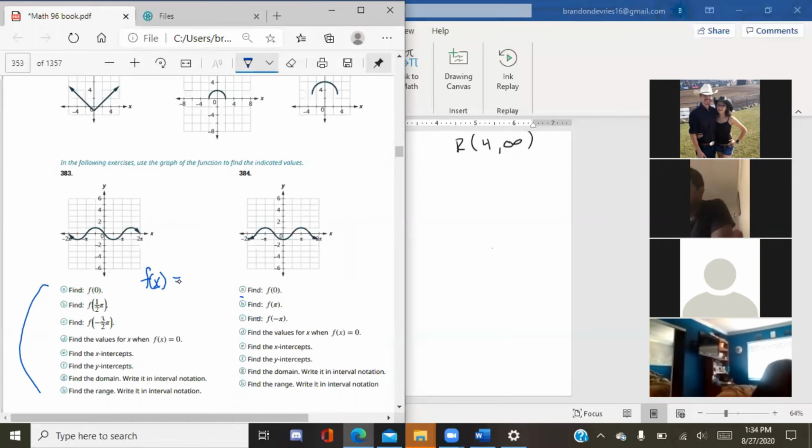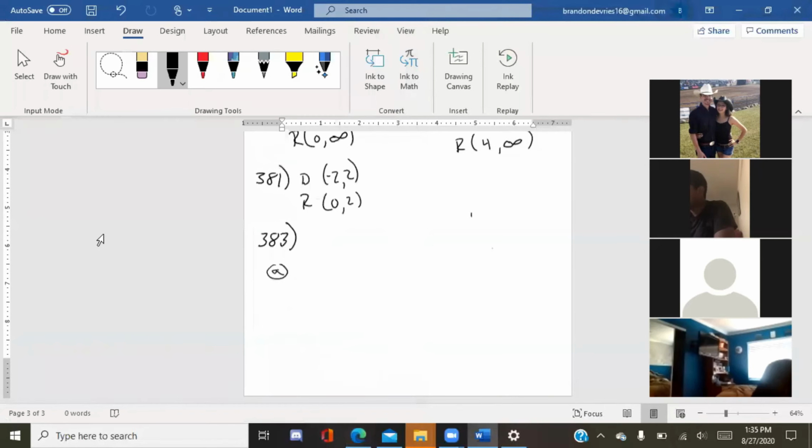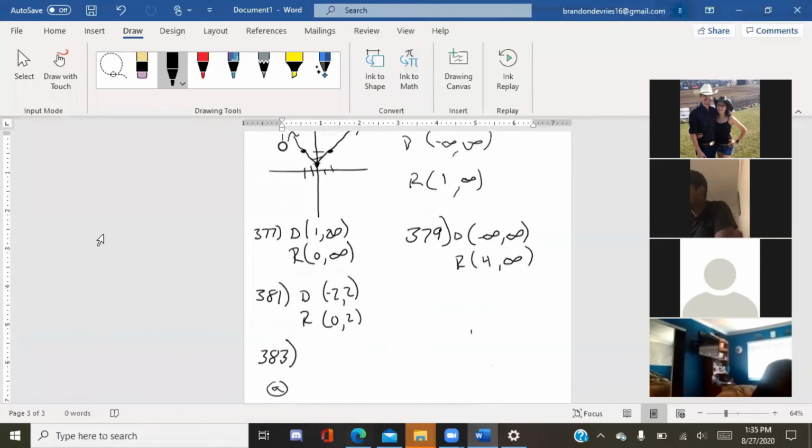So it's saying find the function at 0. If you were to plug in 0, where would it be on the graph? 0, 0. So that's the A value. A is 0.